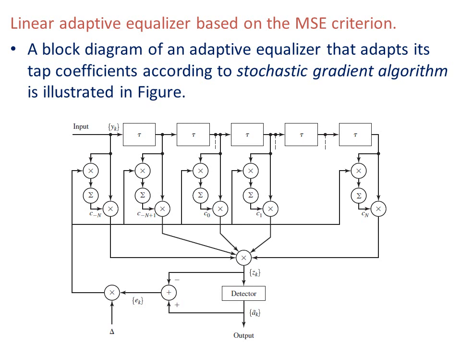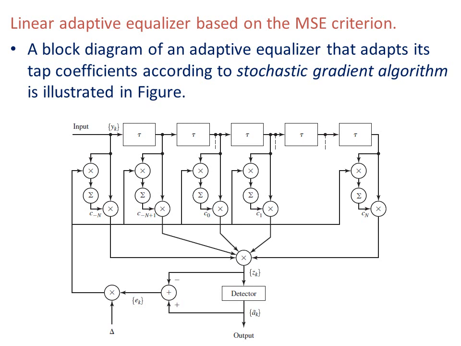The next topic is the linear adaptive equalizer based on the MSE criteria. A block diagram of an adaptive equalizer that adapts its tap coefficients according to the stochastic gradient algorithm is shown in the figure. If you observe the figure carefully, we can note that the difference between the desired output A_k and the actual output Z_k from the equalizer is used to form the error signal E_k.